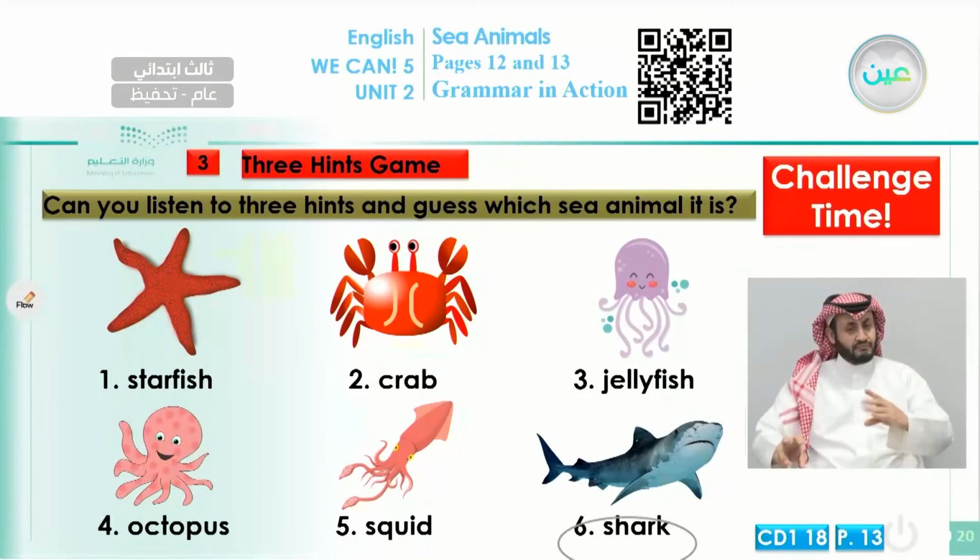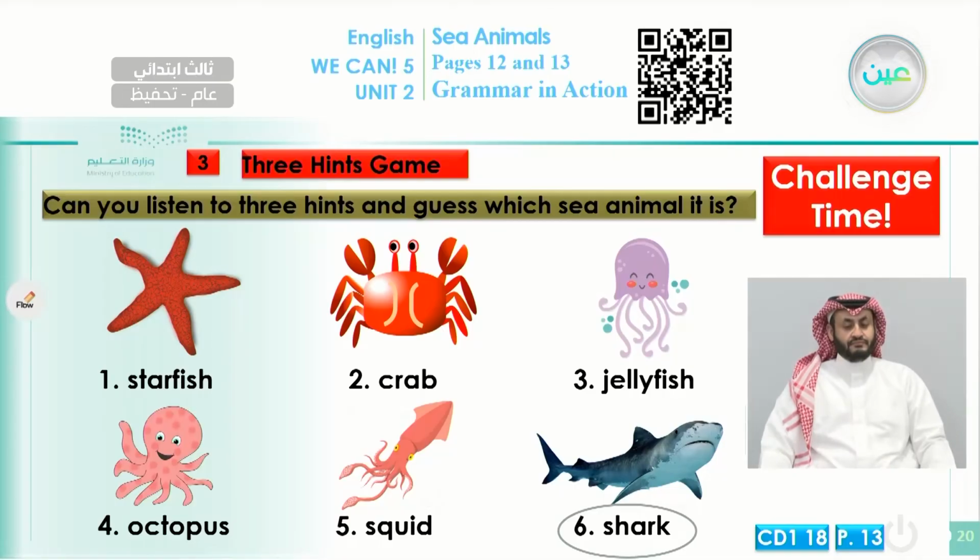It's a shark. It can crawl and swim. It has suckers and it has 8 arms. What number did you guess? That's right, number 4, an octopus. It can sting. It's not fast and it's like jelly. What number did you guess? That's right, number 3, a jellyfish.